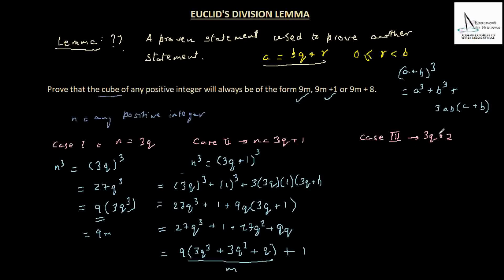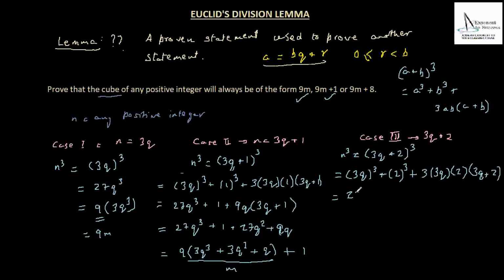Now let's look at the third case, where we take n as 3q plus 2. That means when it is divided by 3, it leaves behind a remainder of 2. So again, we are going to cube that number, so n cube is going to be 3q plus 2 whole cube. Again, using the identity, we can write it as 3q whole cube, which is a cube, plus b cube, which means 2 cube, plus 3ab, so 3 times 3q times 2 times a plus b, so that is just 3q plus 2.